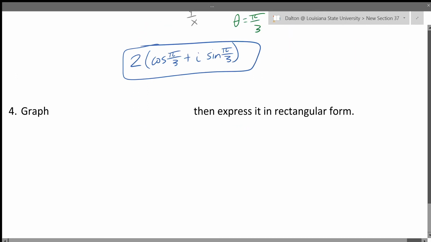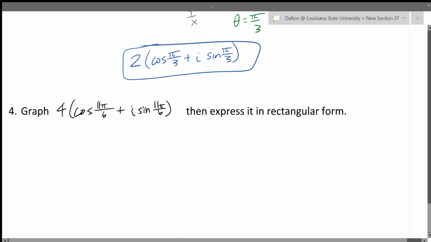So I want you to graph the number 4 times the cosine of 11 pi over 6 plus i times the sine of 11 pi over 6. Then express it in rectangular form.